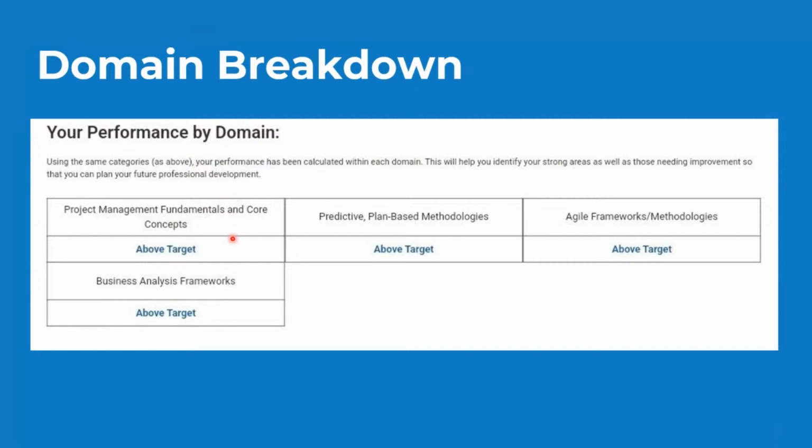This is the project management fundamentals and core concepts. That's domain 1, above target. Then predictive and plan-based methodologies. Here again, he was above, or she was above target. And then we have agile frameworks and methodologies above target, and business analysis frameworks above target here as well.